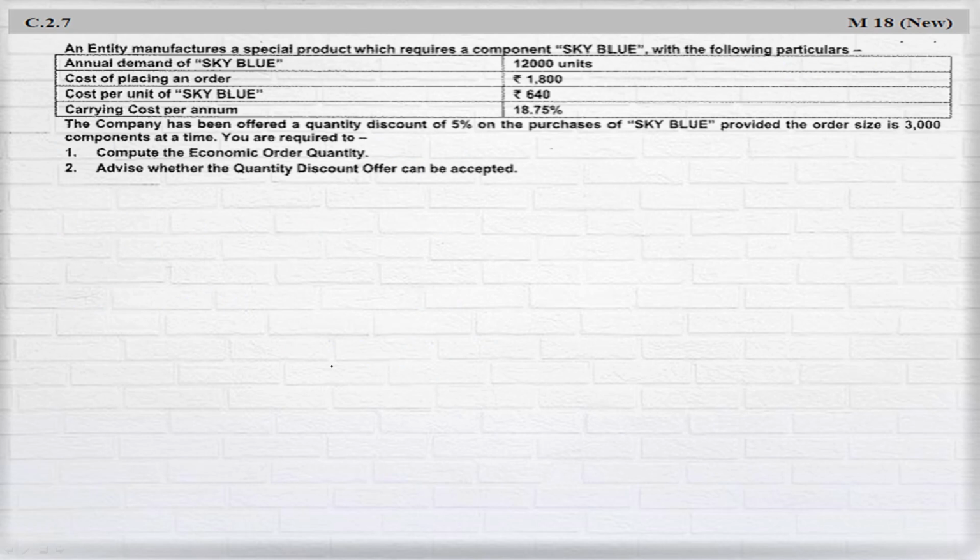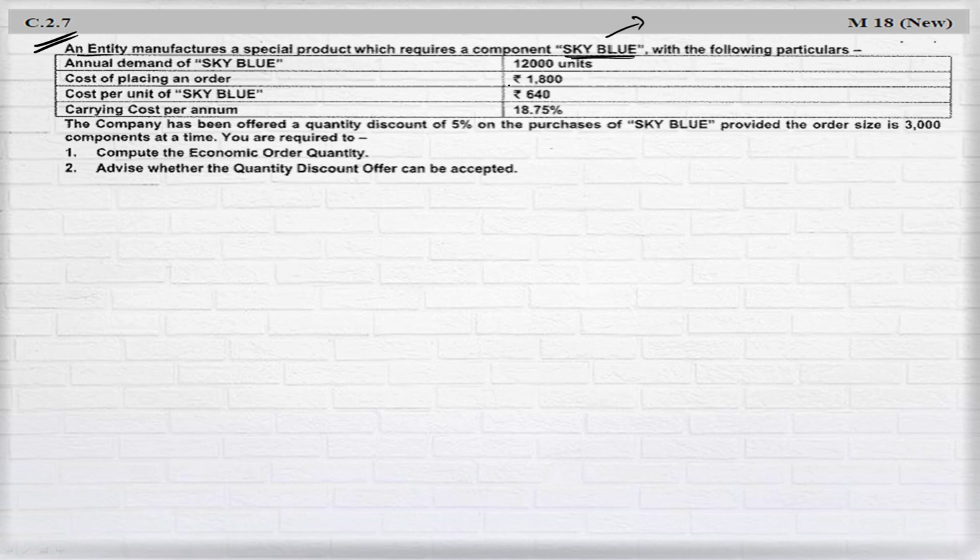We are going to next, 2.7. An entity manufactures a special product which requires a component, sky blue. So sky blue is our raw material with the following particulars.